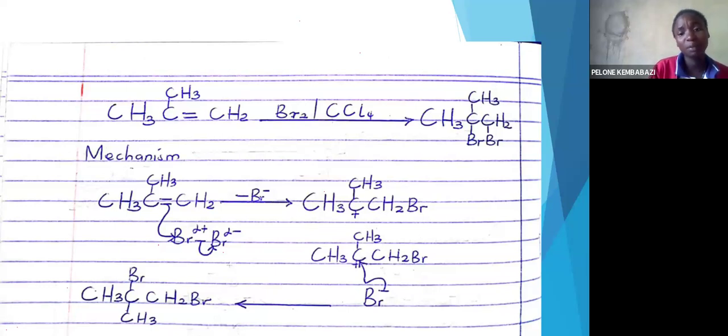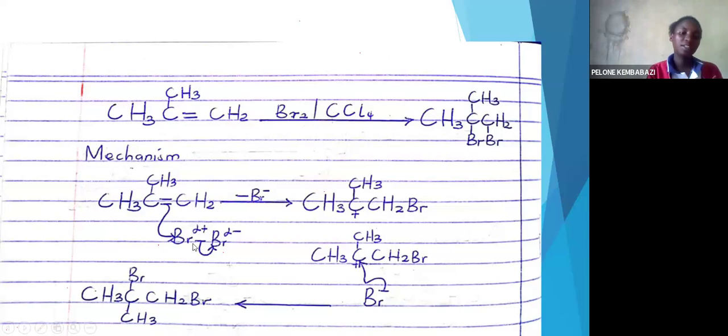If you are using carbon tetrachloride, then you say 2-methylpropene reacts with bromine in presence of carbon tetrachloride or tetrachloromethane to form, you name the product, which is 2-methyl-1,2-dibromopropane as the final product. Then you outline the mechanism. As I said, they undergo electrophilic addition reactions in presence of carbon tetrachloride. As we shall continue to study in physical chemistry, this carbon tetrachloride is an inert solvent.